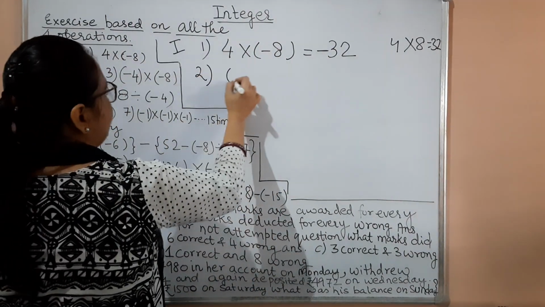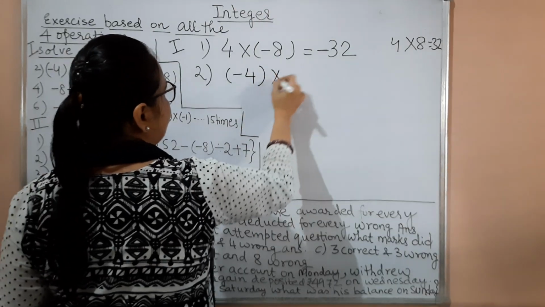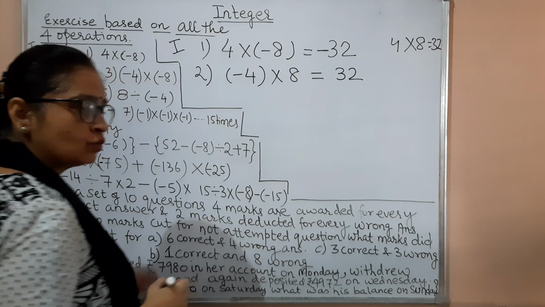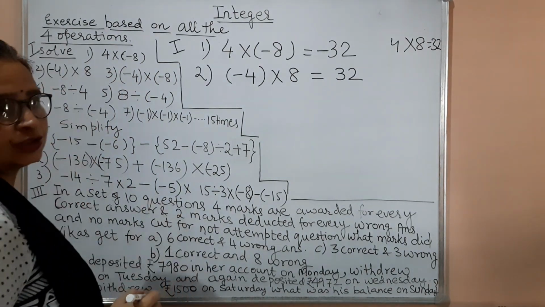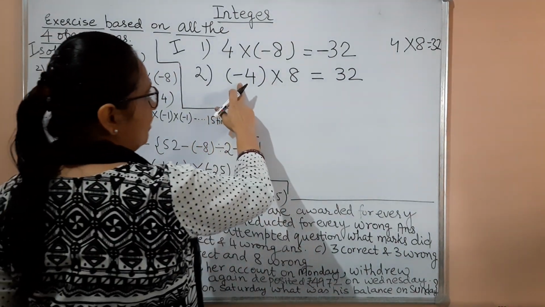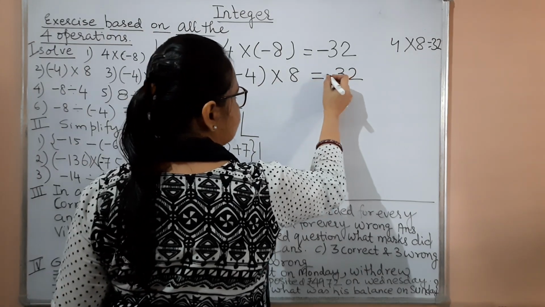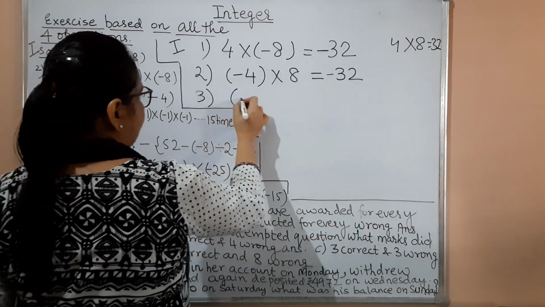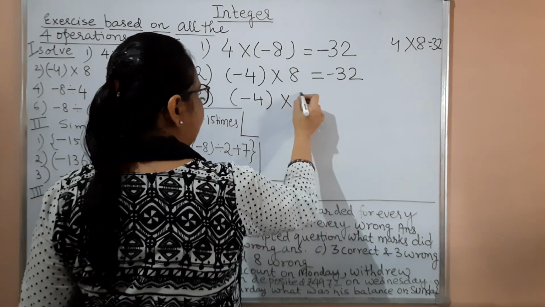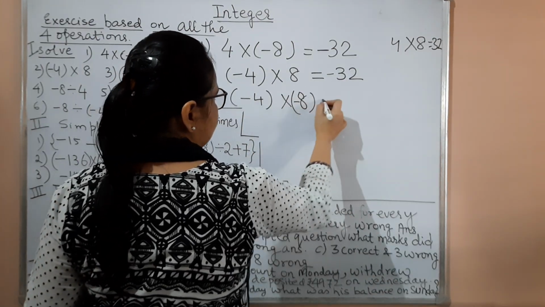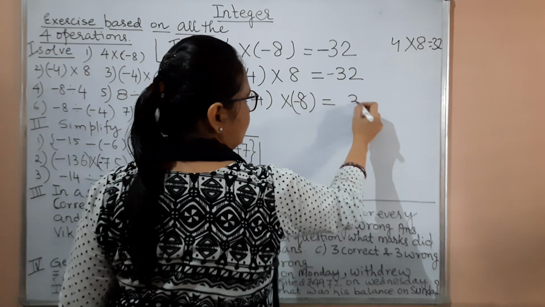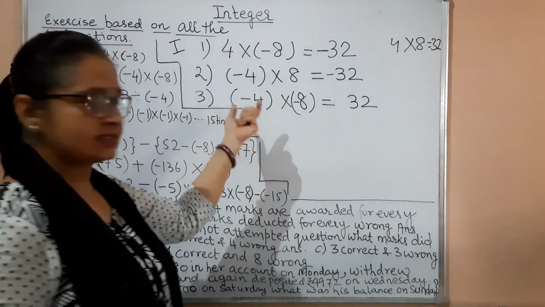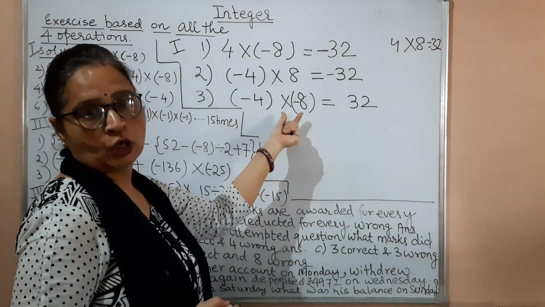The second one is minus 4 into plus 8. 4 8s are 32. We have one negative, one positive, so the answer is negative. Third one, minus 4 into minus 8. 4 8s are 32. Now we decide the sign, and the sign will be positive because we have two negative numbers.